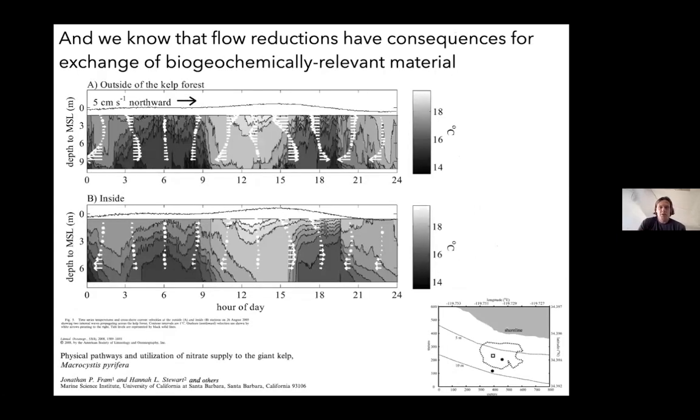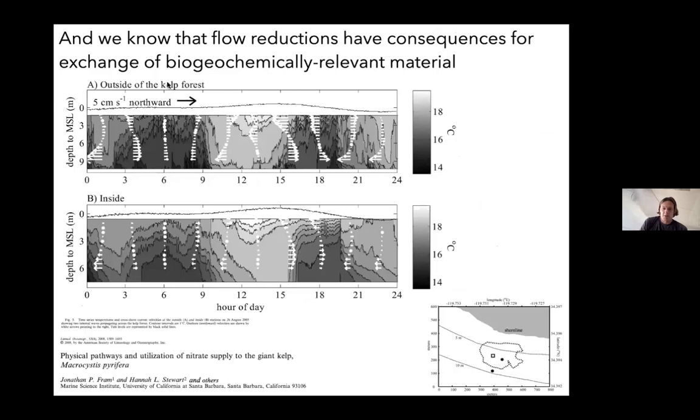Okay, so we know also that flow reductions have consequences for exchange of biogeochemically relevant material. This is work from John Fram and others here at the Marine Science Institute, going back to 2008. Again, this compares outside the kelp forest in the top panel to inside the kelp forest in the bottom panel.